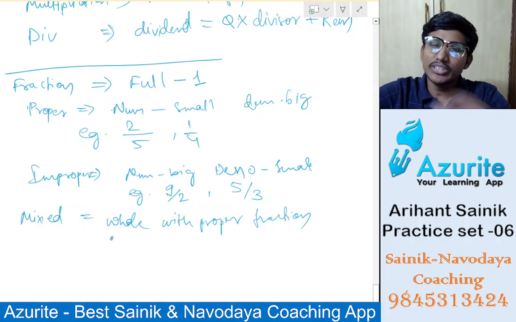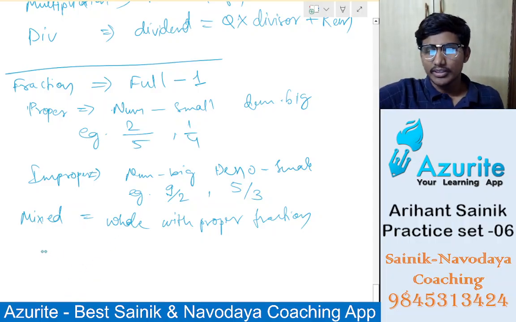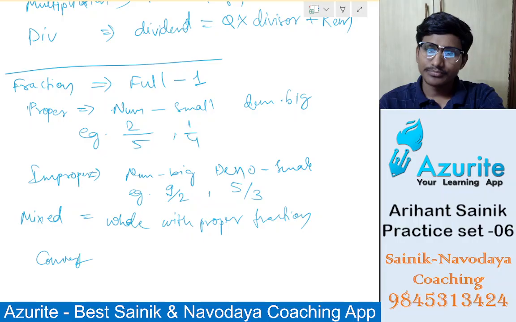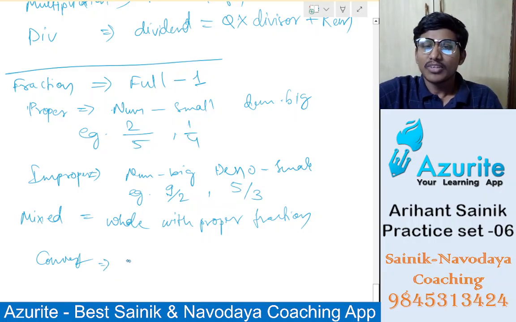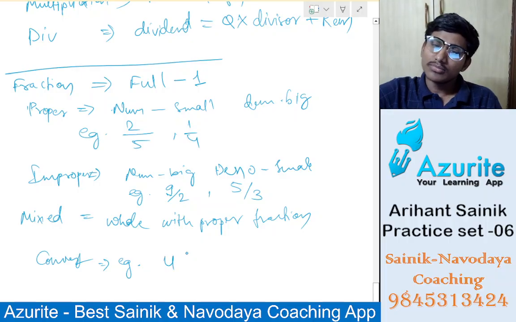Now let's go to the next, that is how to convert. So let us convert now. If you see here, when it is a mixed fraction, how to convert it to improper. Let us take an example, 4 3 by 5.